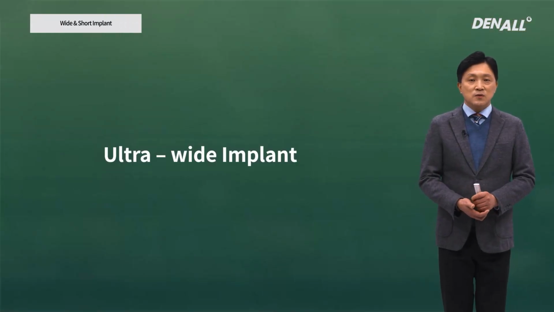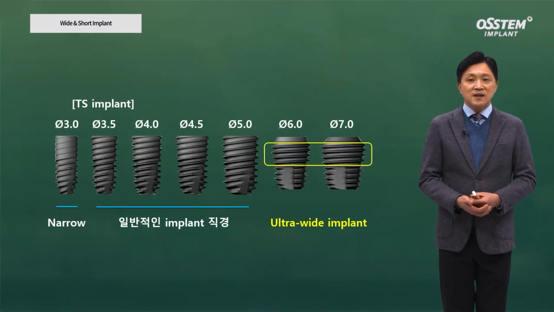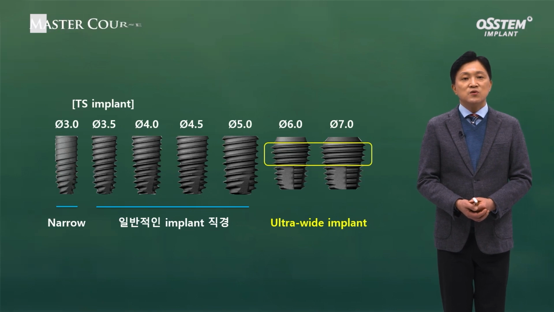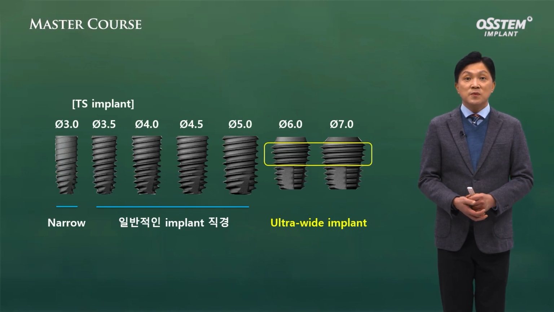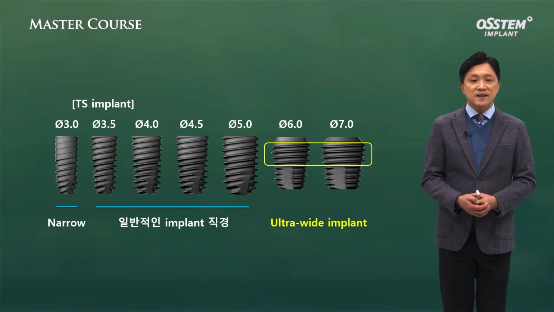So ultra-wide implant. Now there is also wide implant. So it's quite commonly used. In terms of TS-based, you have 3 to 7 millimeter implant lineup, and regular implants we usually call up to 5 millimeters.